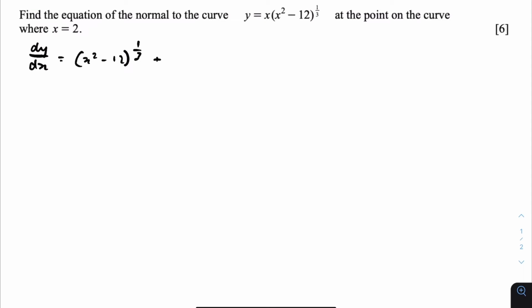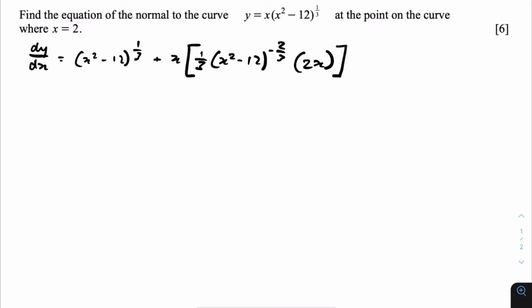So we can write that as x times, and we use a square bracket here because it would be a pretty big expression, 1 over 3 times (x squared minus 12) to the power of negative 2 over 3. And that's going to be multiplied by 2x because we differentiate the inside part. But that's just a very quick version of chain rule. You can use the long version of chain rule to do so.